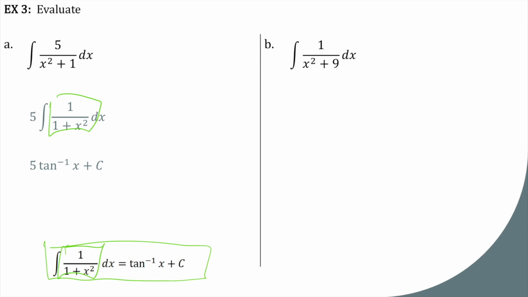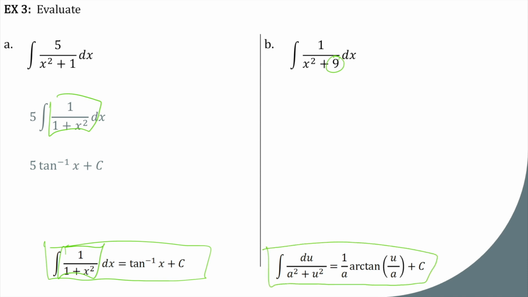Gets a little bit more complicated in part B because of this 9 right here. So now we'll use maybe a more general version of the formula, and it's helpful to know what's in the A position, what's in the U position. So if you rewrite it, 9 is the same thing as 3 squared.